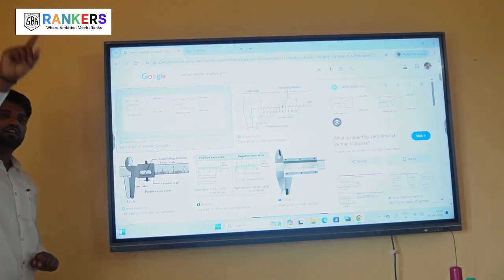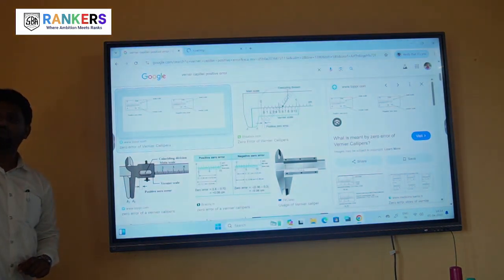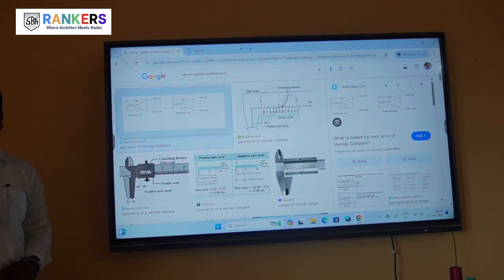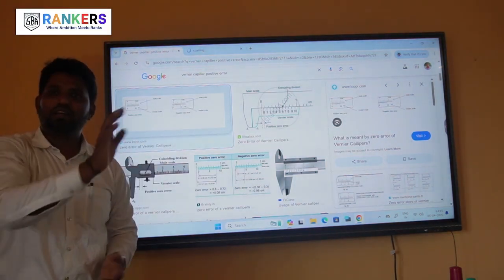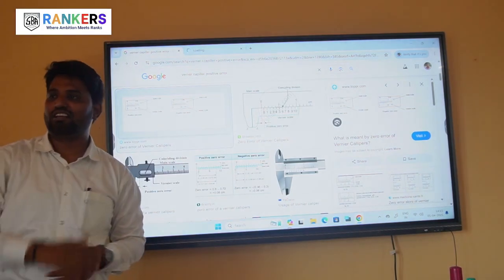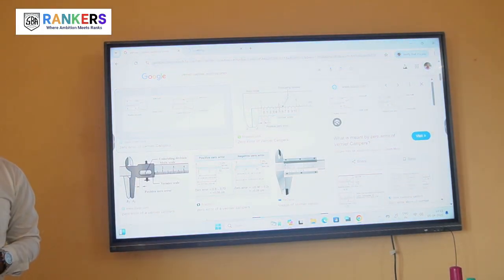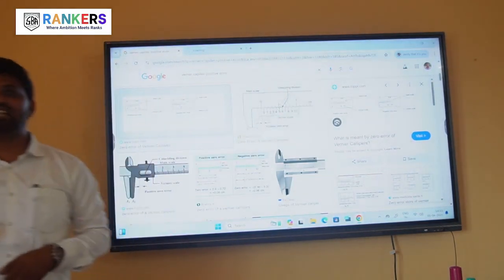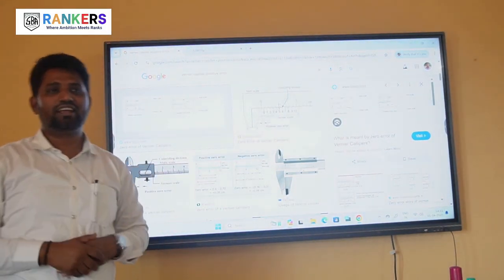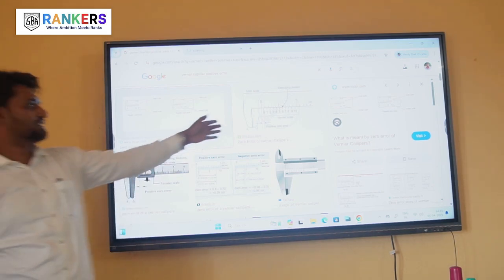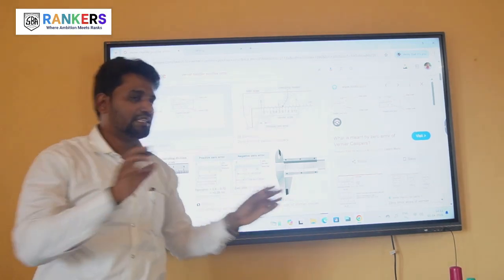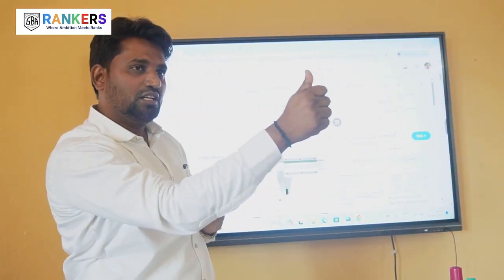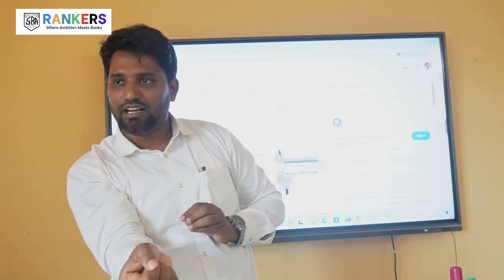Everyone understand? How do we understand by watching whether it is called positive or negative error? Now tell me, if it is negative error, how does it look? If the Vernier scale zero is behind and the main scale zero is ahead, it is said to be negative error. Understand everyone? So if I give you an apparatus in your hand, by seeing it you can understand whether it gives positive error or negative error. Clear or not?